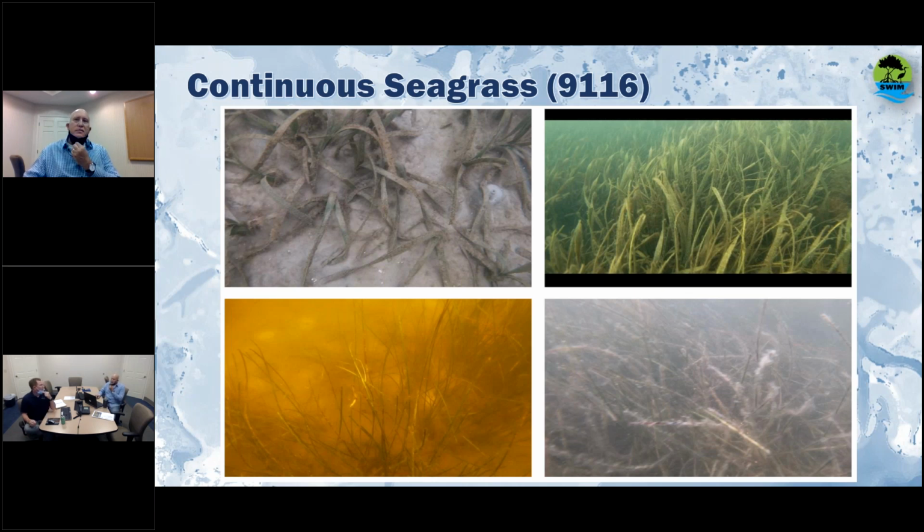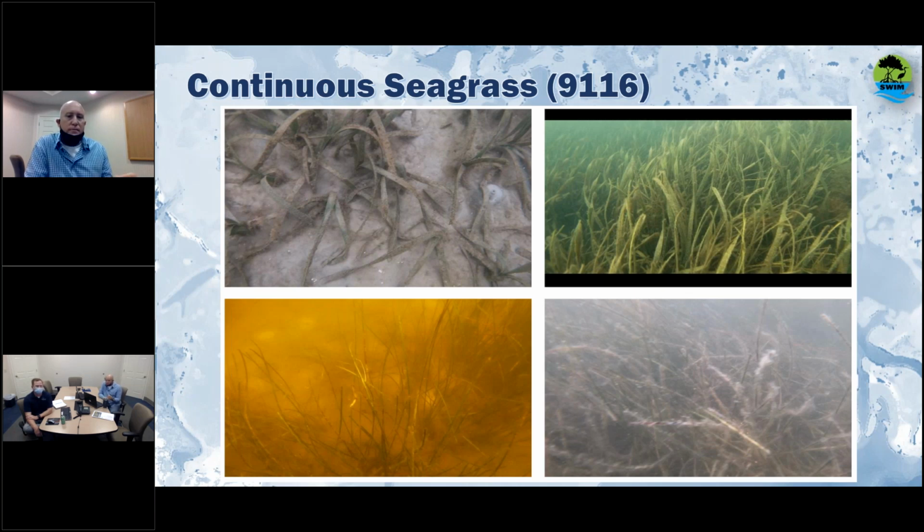Okay, Nate, can I just make a quick comment here? One of the things, the reason why we wanted to show this slide for everybody is just to really bring home the point that when we talk about continuous seagrass, like he said, we're talking about the photographic signature and the percent cover based on that photographic signature. It does not really speak to the quality of the grass.